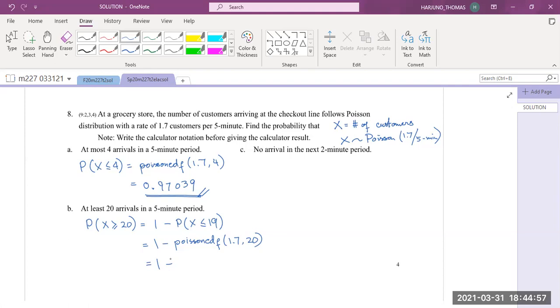I'm sorry, it should be 19 there, not 20. When I compute using my calculator, it's 1 anyway. So the probability that you have at least 20 customers suddenly come in the next 5 minutes is basically 0. The probability is so small that even our calculator will just call that straight 0, not even by approximation.